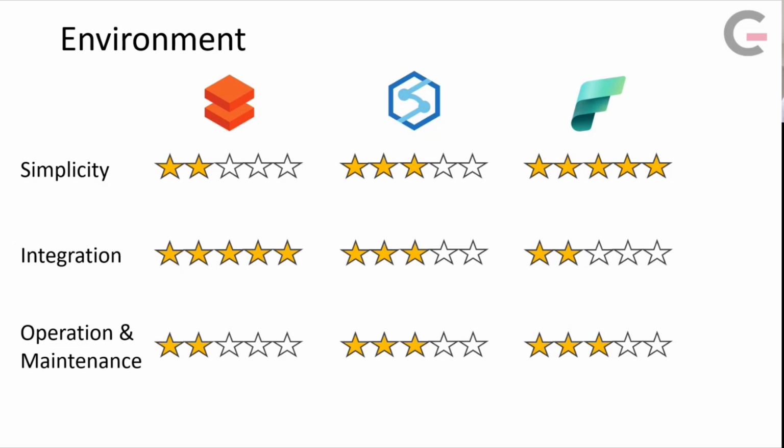Regarding the operation and maintenance, Databricks gets only 2 out of 5 because it doesn't natively support system-assigned managed identities, so you regularly need to change passwords and secrets. And sometimes you get super bad error messages. And I personally think that the user management is not so handy because you have this 2-step user management. For Synapse, 3 out of 5, because also here you get bad error messages, and what's even worse, sometimes you get wrong error messages.